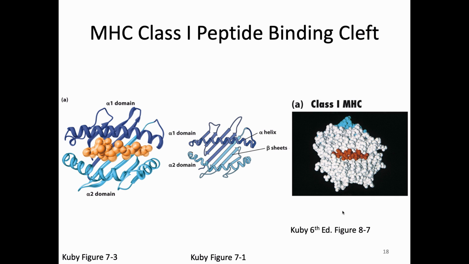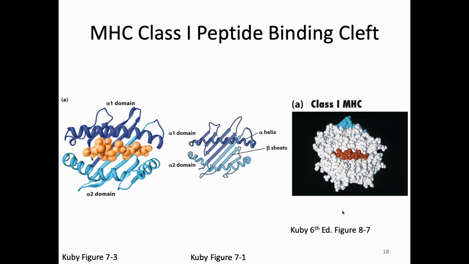So what you would see is that the peptide is bound between those two alpha helices in sort of this little region, this peptide binding cleft. One of them is coming from alpha 1, one of them is coming from alpha 2, and then together we have this nice peptide binding region. So you can see, again, that platform with our two alpha helices here.